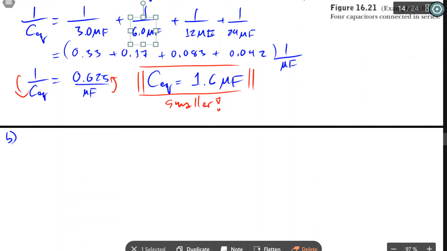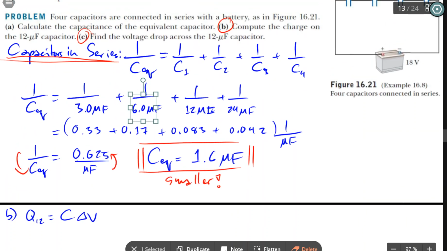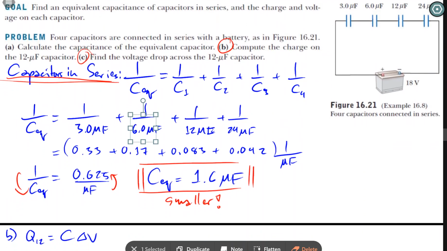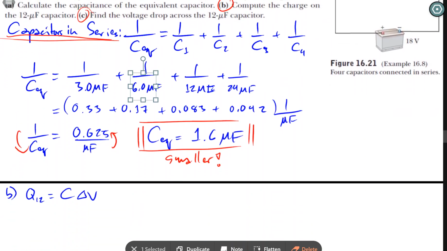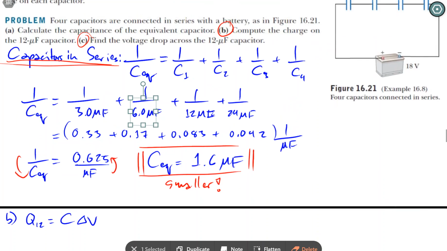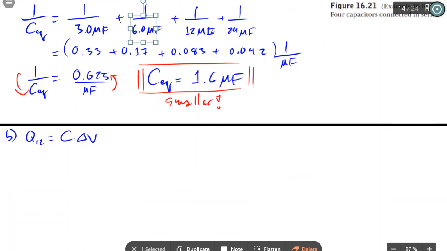So the charge on the 12 is still C delta V. And the charge there is actually the charge for the entire circuit.